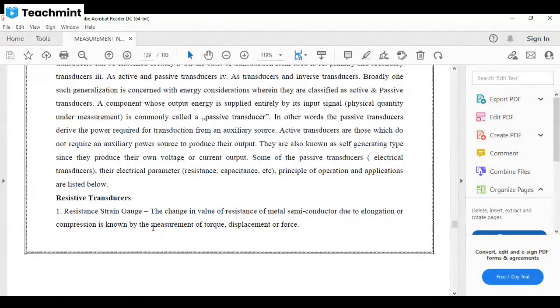In the strain gauge, the change in the value of resistance of the metal or semiconductor due to elongation or compression is known by measurement of torque, displacement or force. So in the resistive transducer, the strain changes due to elongation or compression, and the resistance changes. This is the resistive transducer.